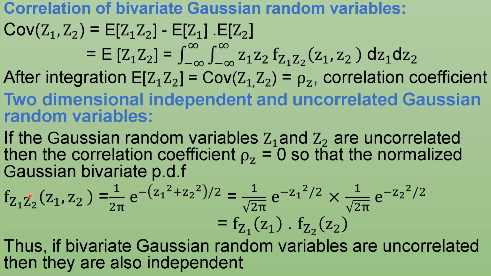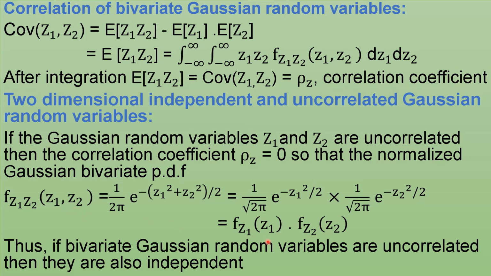So you can see the bivariate probability density function f Z1 Z2 of z1 comma z2 will be equal to f Z1 of z1 into f Z2 of z2. That means Z1 and Z2 are independent. This is the condition for independence of two random variables.